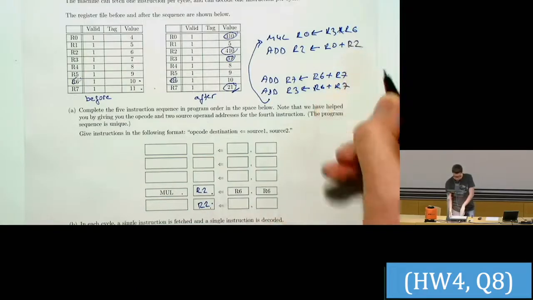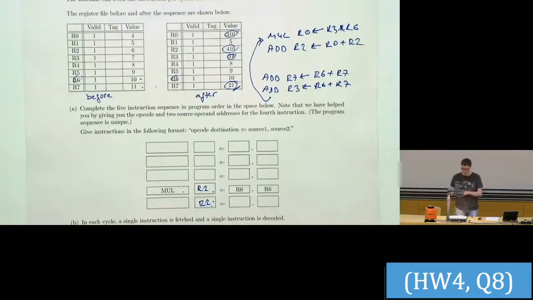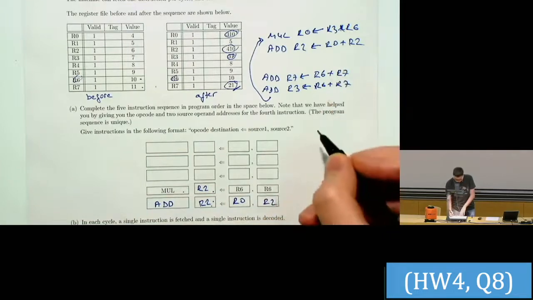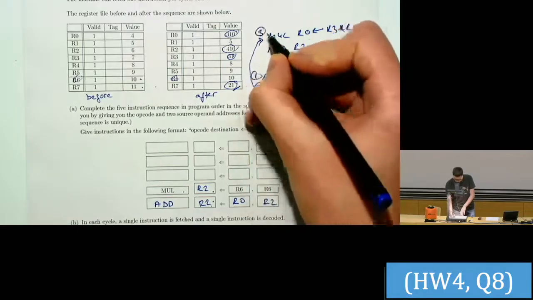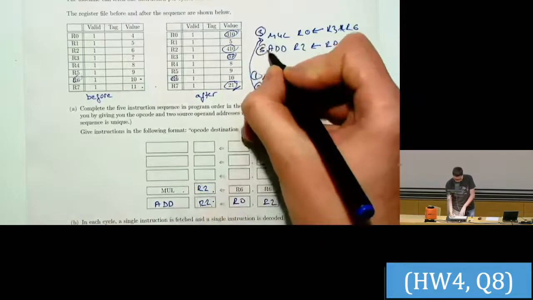So the last instruction should also be R0 plus R2, right? If you fill this in to have everything written in a nice way, this was the 1st instruction, this is 2nd, this is 3rd, this is 4th, and this is the last instruction, okay?